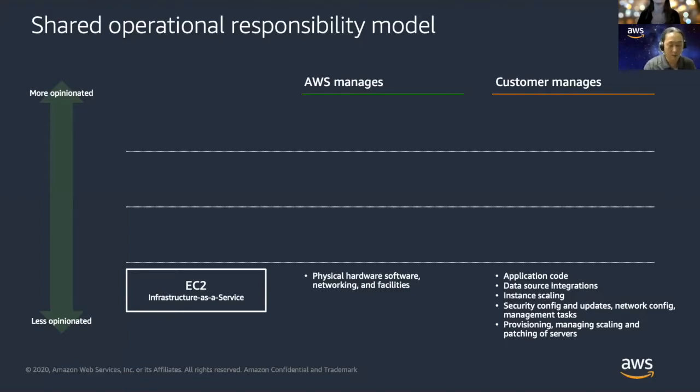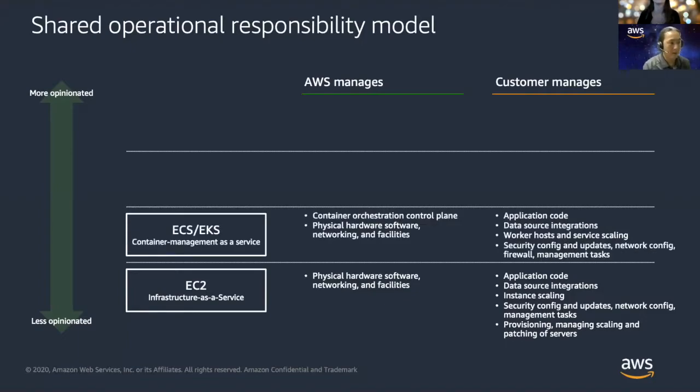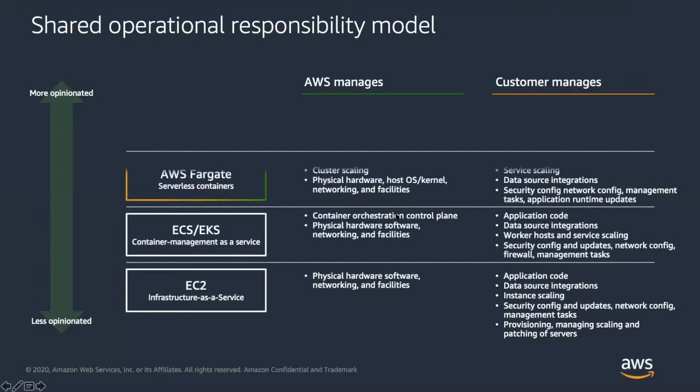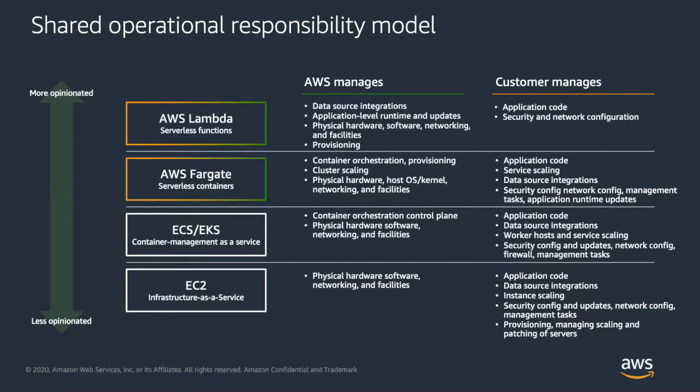We also provide services like container orchestration, where we manage a little bit more, right? The container control plane is something we manage. Then there's a managed container service where we control more of the scaling and other things, and then a fully serverless service where we manage pretty much everything and you only have to deal with code.